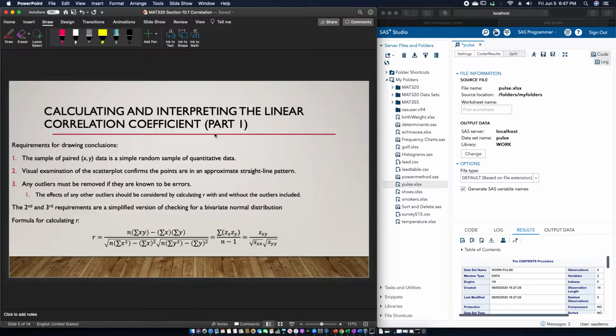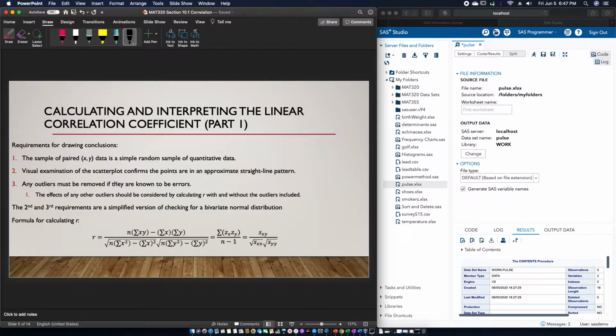To actually compute this, and as you can tell, it has a very scary looking equation, I know, we would first need the requirements for drawing conclusions. The sample of paired x, y data is a simple random sample of quantitative data.